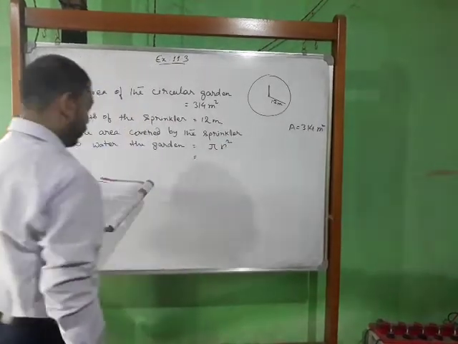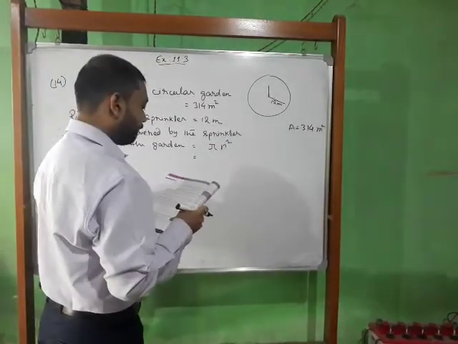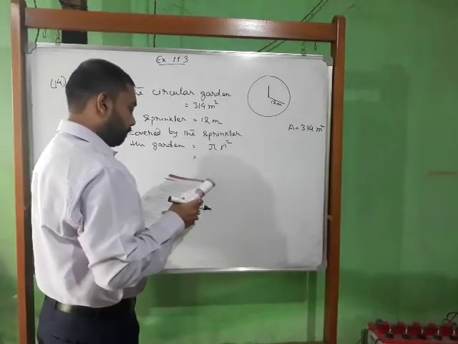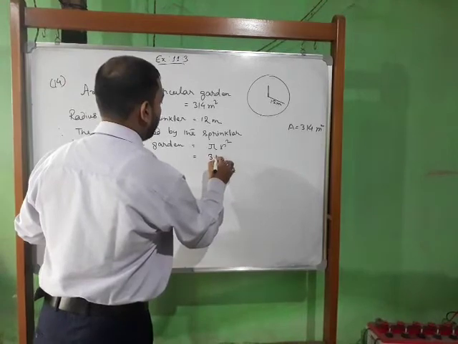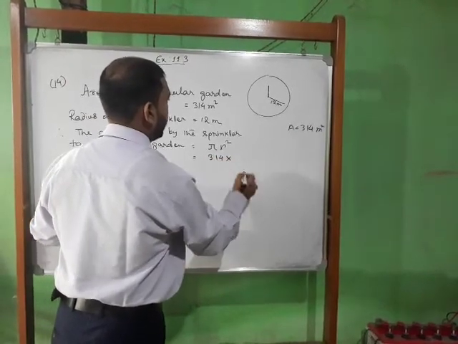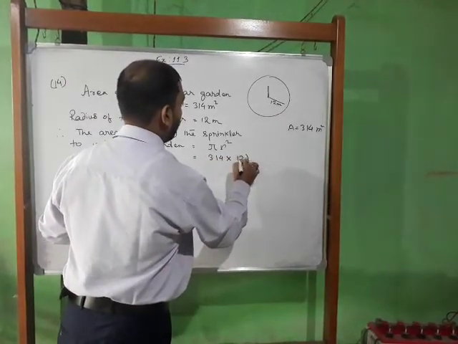As already mentioned in the question, we have to take the value of pi as 3.14. So let us take 3.14 into radius 12 square.